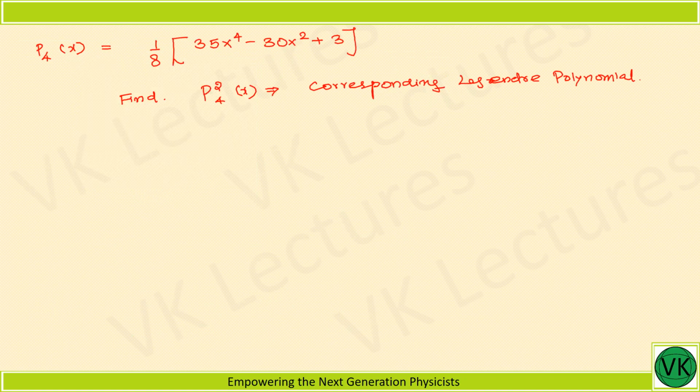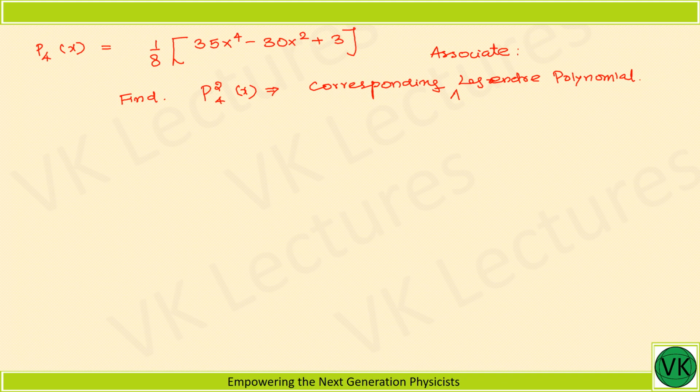In the second question, we had the P4 of x, the Legendre polynomial, and we are asked to find out the corresponding associated Legendre polynomial. Now P4 of x is given by 1 by 8, 35x to the power 4 minus 30x square plus 3.